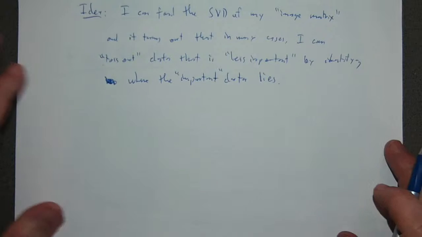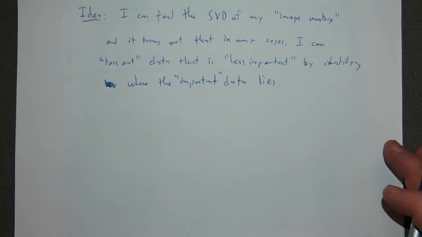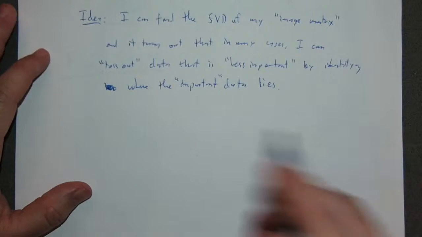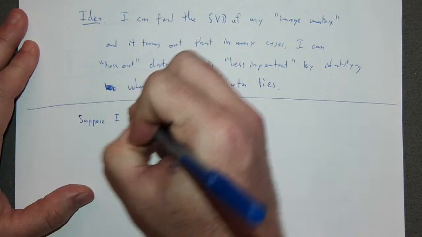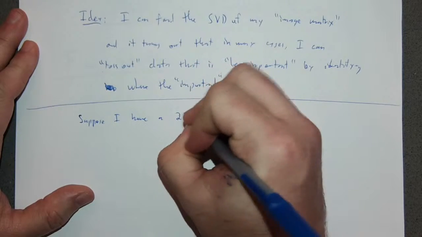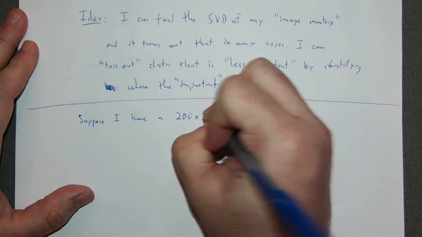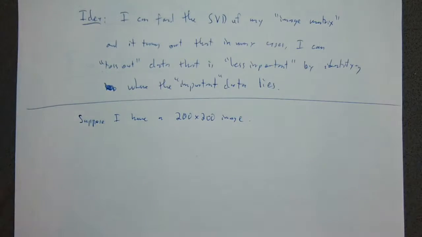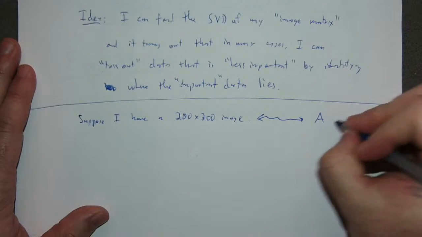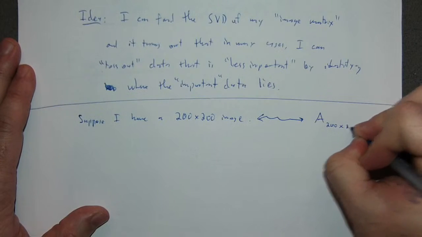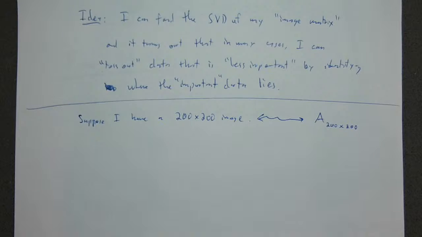So suppose I have a 200 by 200 image. Corresponding to this, I have a 200 by 200 matrix. Okay. All right.